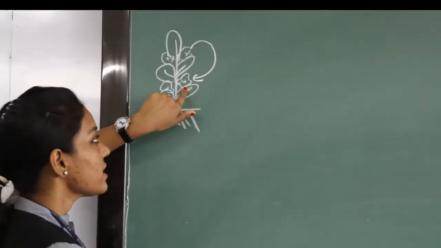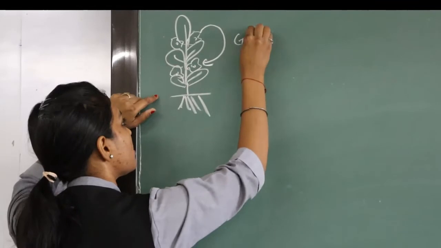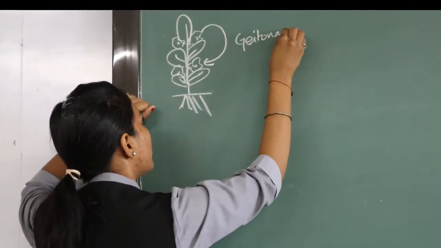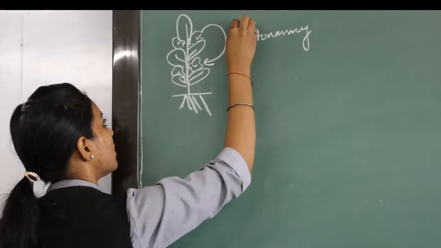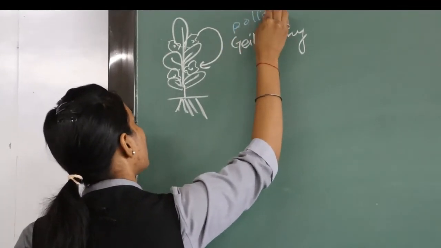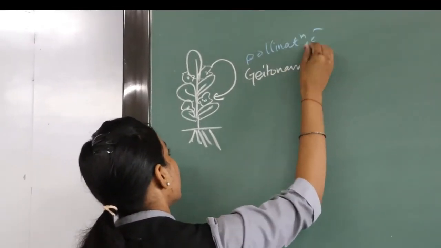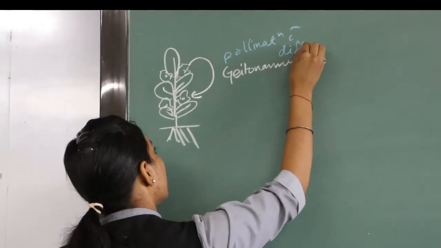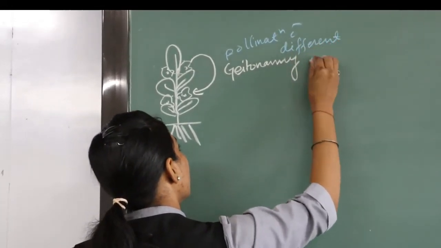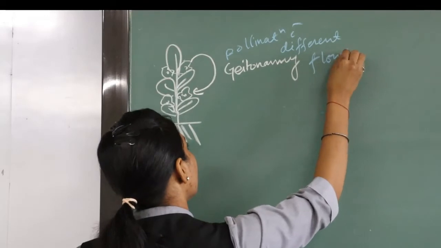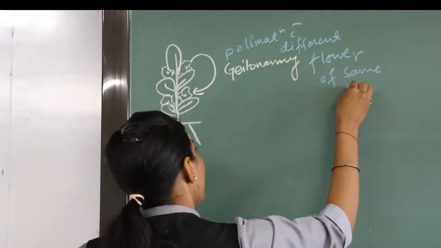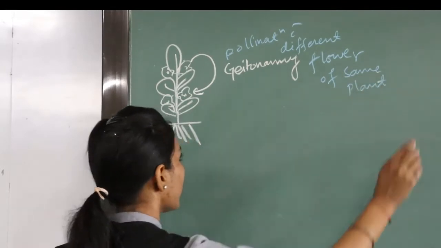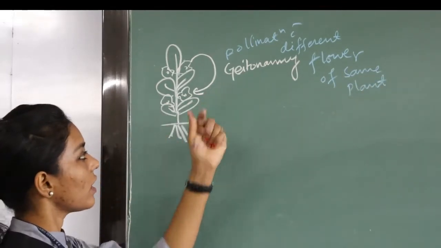This type of condition is called geitonogamy. It is pollination with a different flower of the same plant. This is geitonogamy.